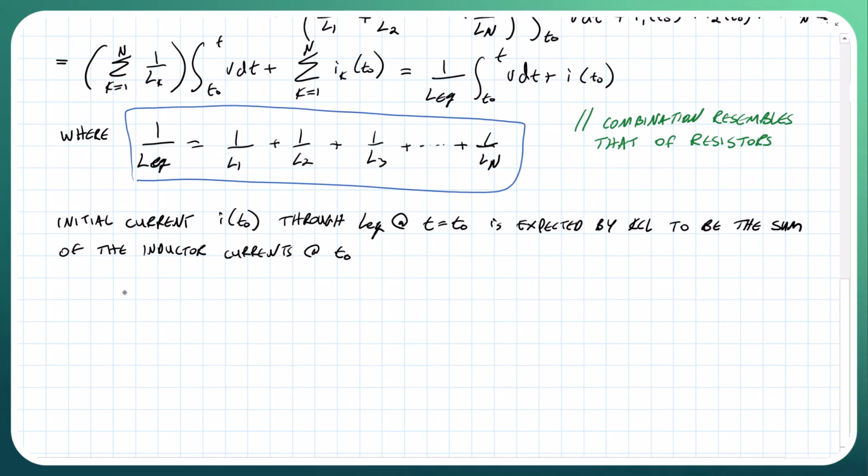So what that means is I at t naught is going to equal I1 at t naught plus I2 at t naught plus I3 at t naught all the way to our final inductor there.